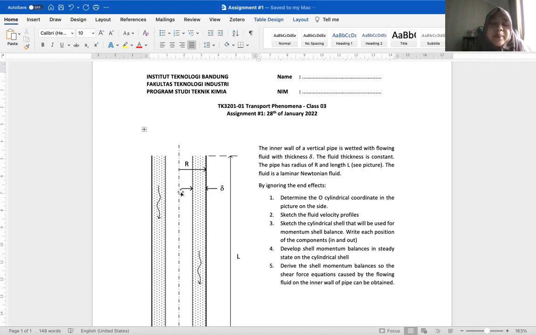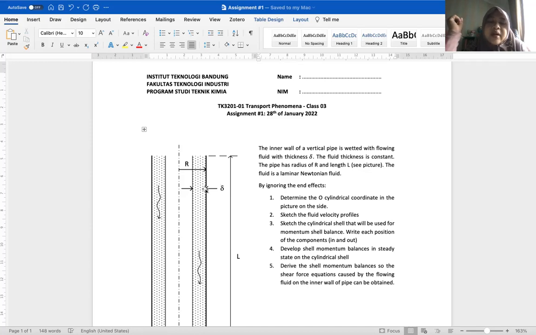In the previous one, you did the integration from R equal to 0 to R equal to capital R, but in here, you will start from this line, or from R minus delta, let's say, to R. That would be one difference, the value for integration.